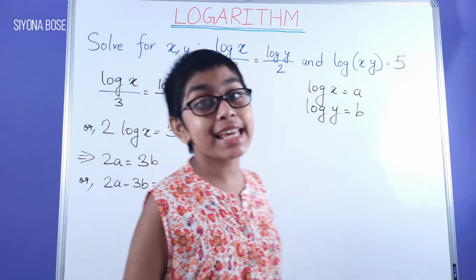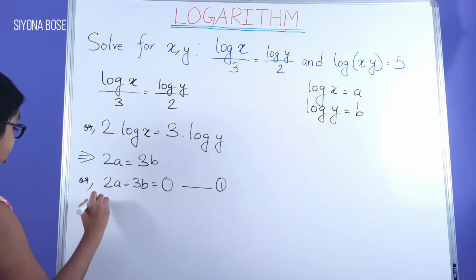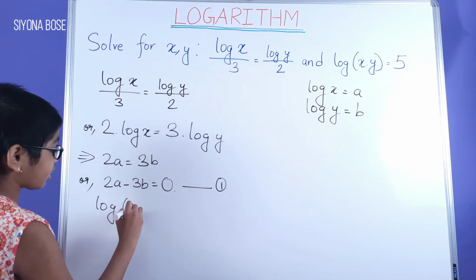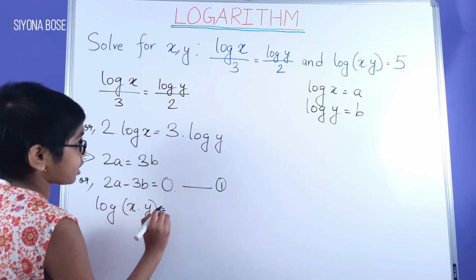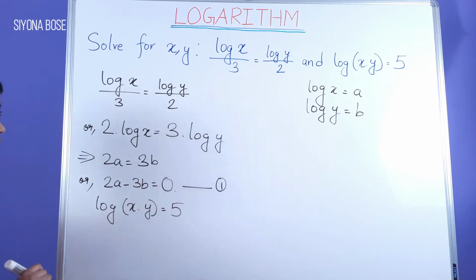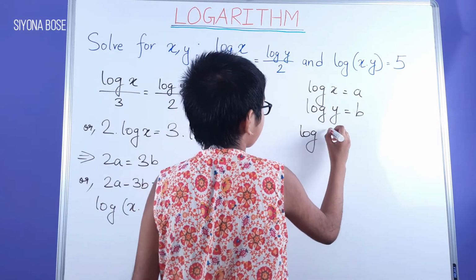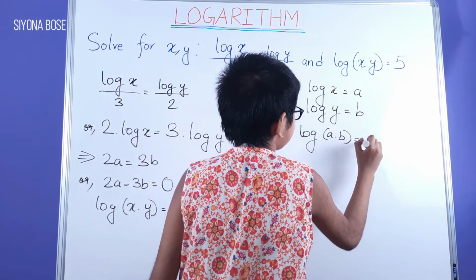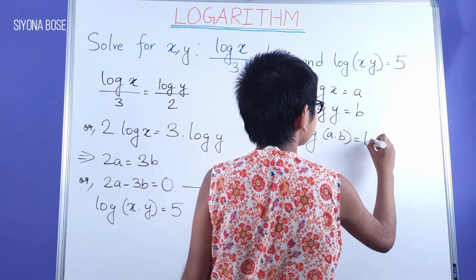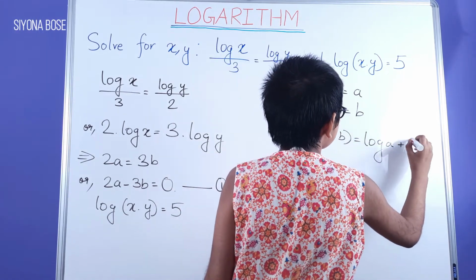Moving on to working with the second equation, log of the product xy equal to 5. And we know log of the product ab is equal to log of a plus log of b.